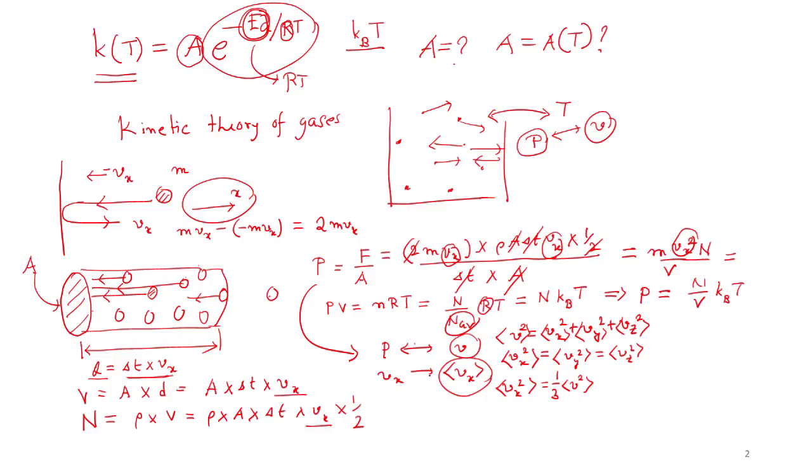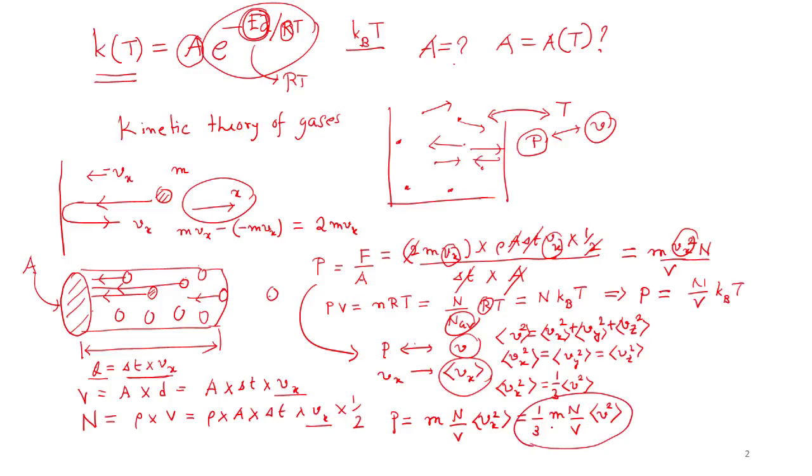We're now using that we have to use the average velocity, and so the expression for the pressure will be mass times N by V times Vx square average, which is nothing but 1/3 of v square average. I'm writing the 1/3 at the beginning, N by V into v square average.